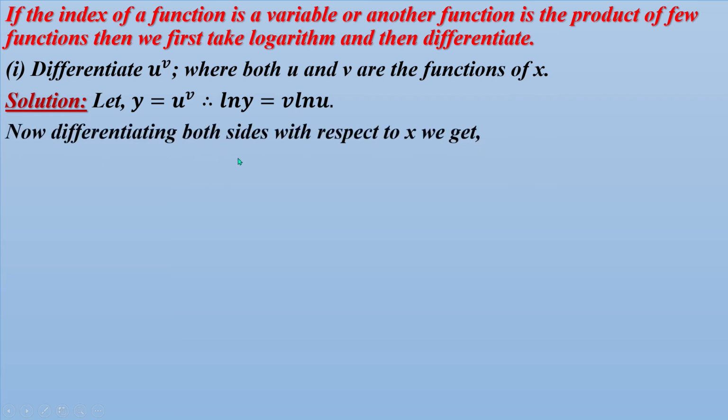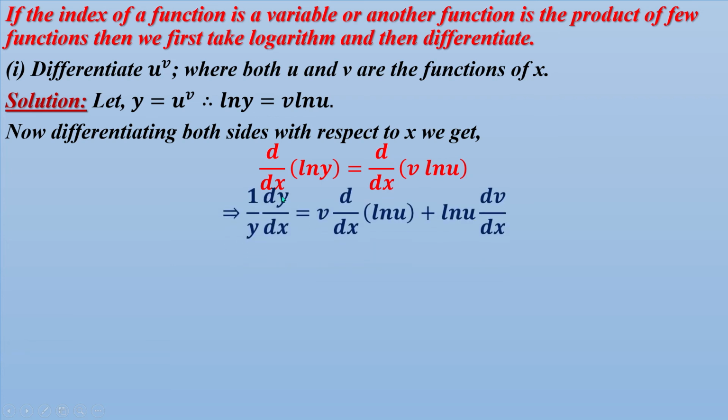Now differentiating both sides with respect to x, we get d/dx of ln y, that means the derivative of ln y with respect to x, and here the derivative of v ln u with respect to x. Now this equals 1 divided by y times dy/dx, and here v times d/dx of ln u plus ln u times dv/dx.